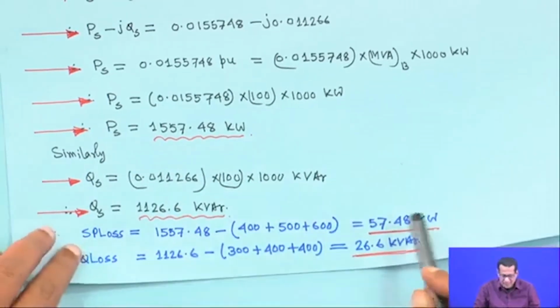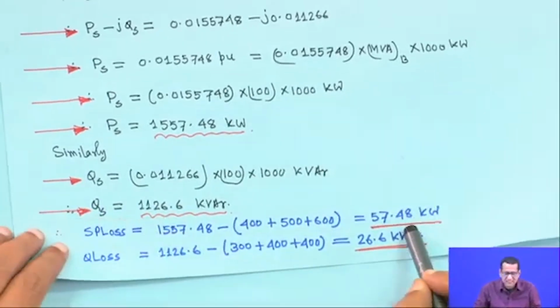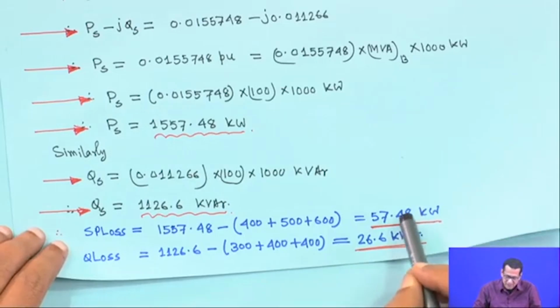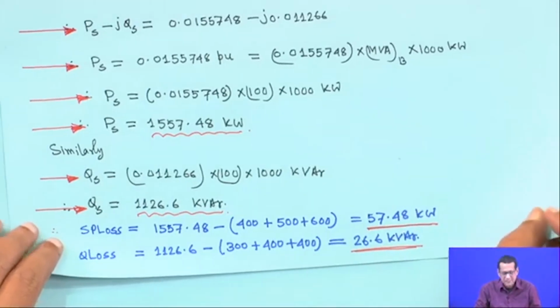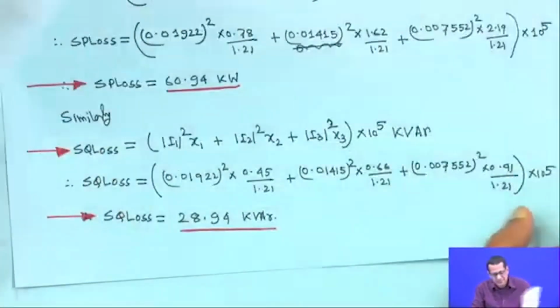But when I take I square R loss for the 3 branches, you find there is a difference, because it is not a converged solution, right, still 1 or 2 iterations are required.